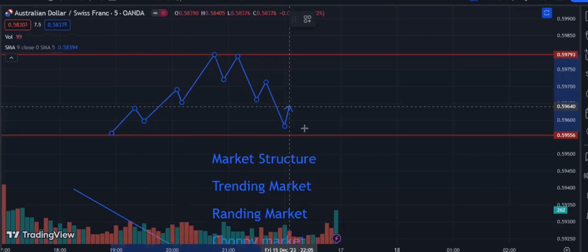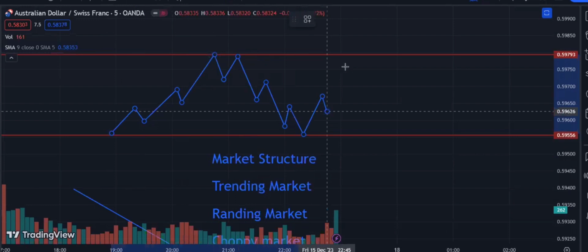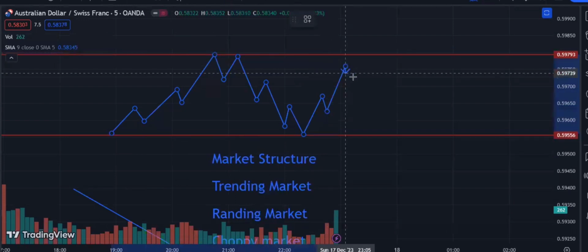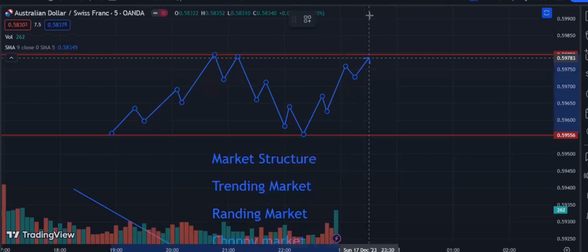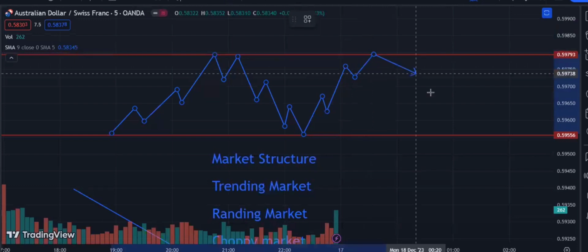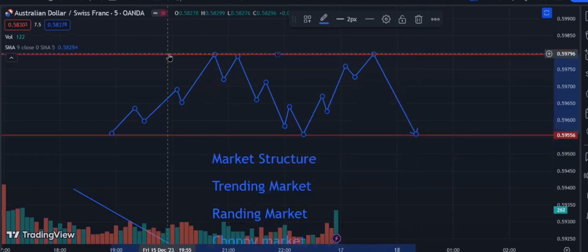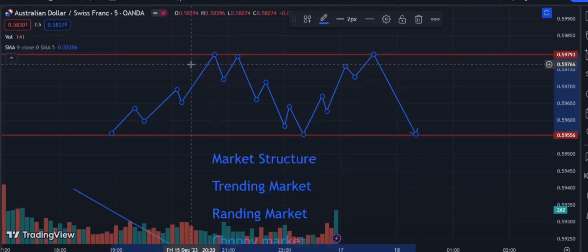We have this kind of market in a ranging market. It just goes up and down. It maintains a particular space. I want you to take note of everything.